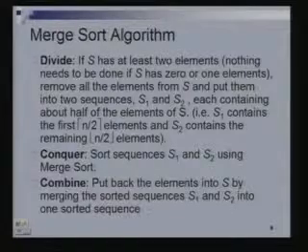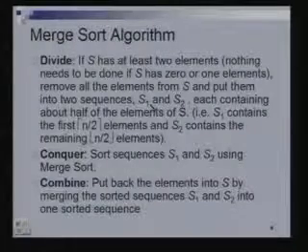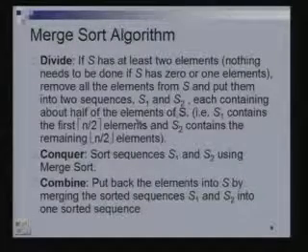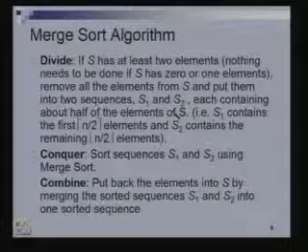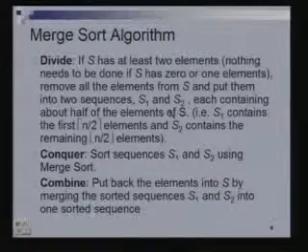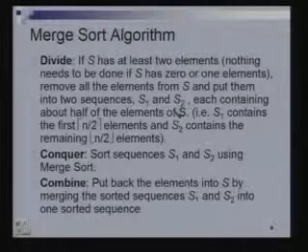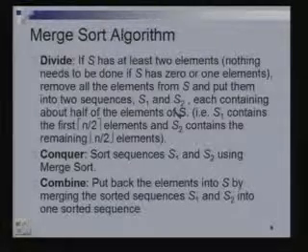What we do is we split S into two sequences, S1 and S2. This is the divide step, and the split would be such that S1 and S2 would contain roughly half of the elements of S.